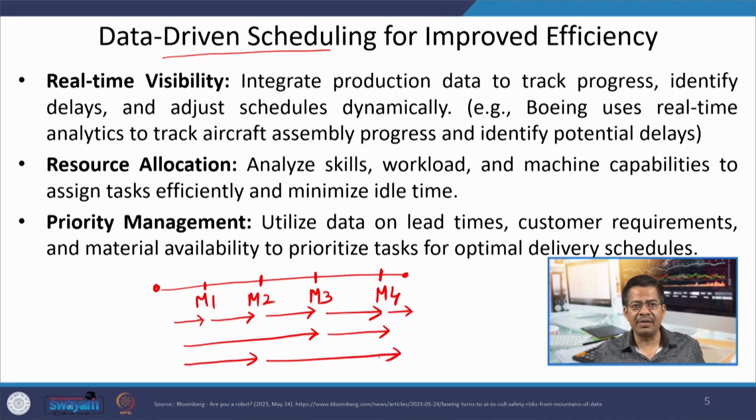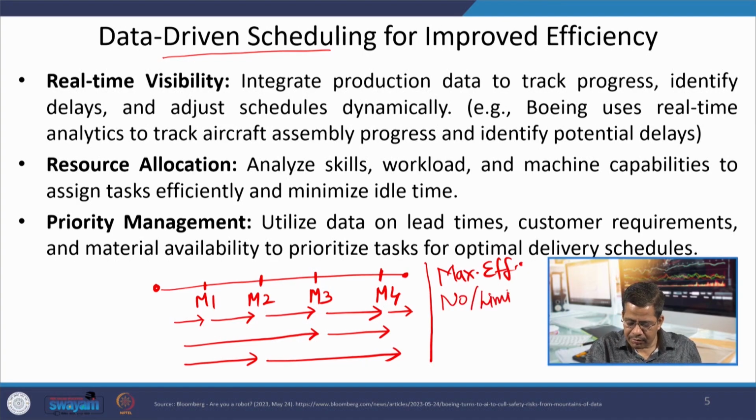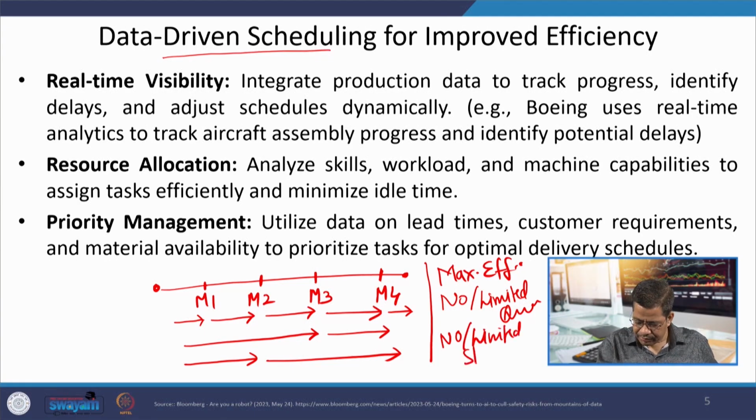Different types of products may have different requirements of these machines, and you need to plan your machine use in such a manner that you get maximum efficiency, no or limited queue, and no or limited starvation.